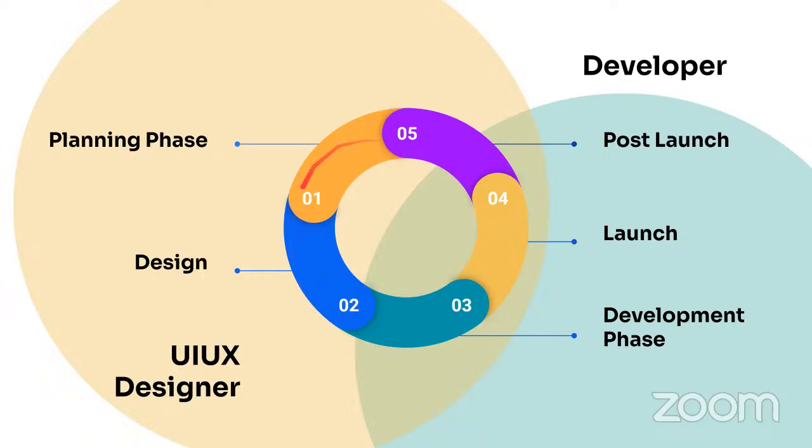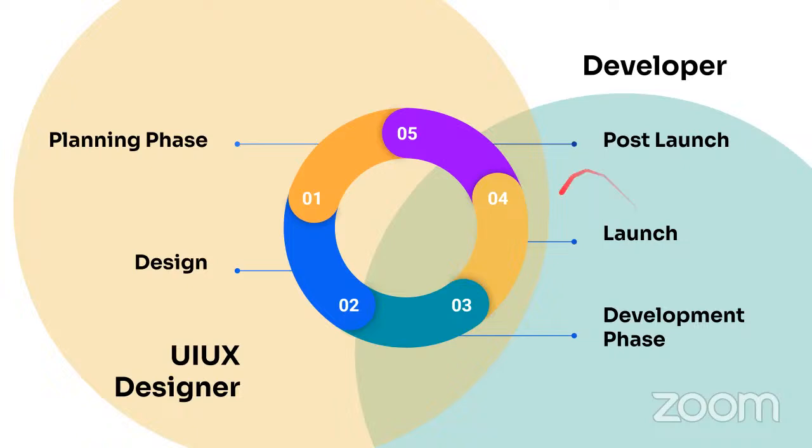I believe this should solve a lot of issues, because people used to ask, where does the UI/UX person come in? Where does the developer come in? This is just a small circle. From the planning phase to the design phase is where the UI/UX person takes full responsibility. From the development phase, the UI/UX person does not do much.